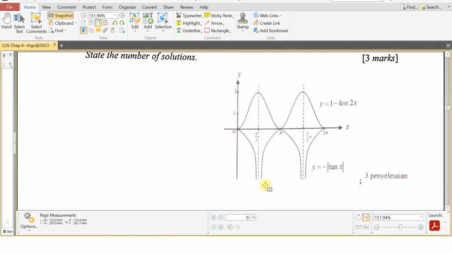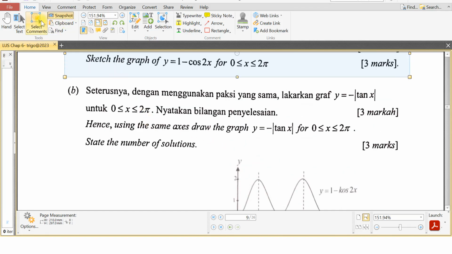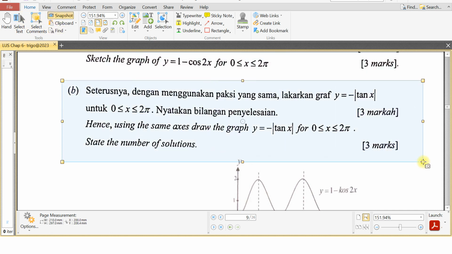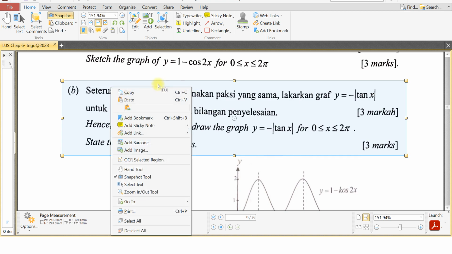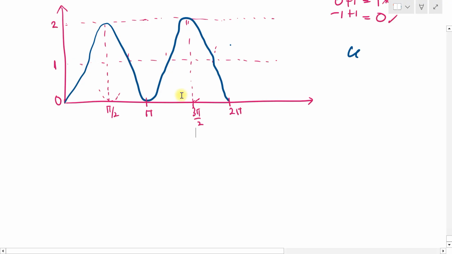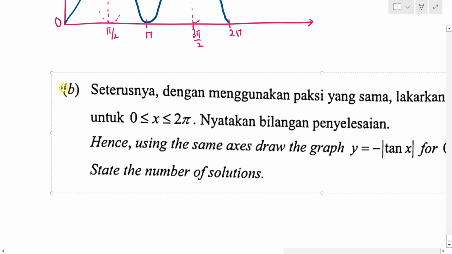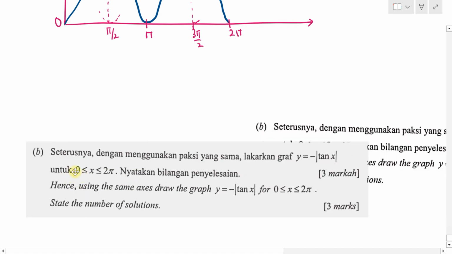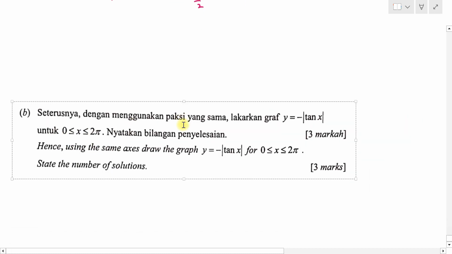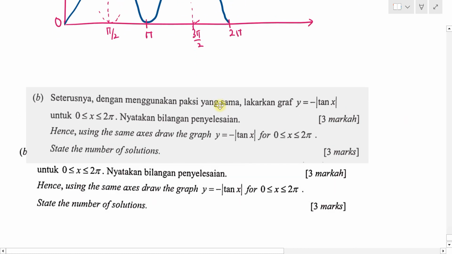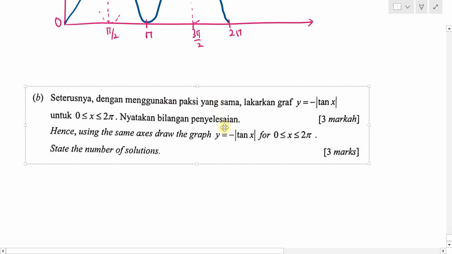What is part B? Let's see. Okay, hence using the same axis, draw the graph y equals negative modulus negative tangent x for 0 to 2 pi, using the same axis.